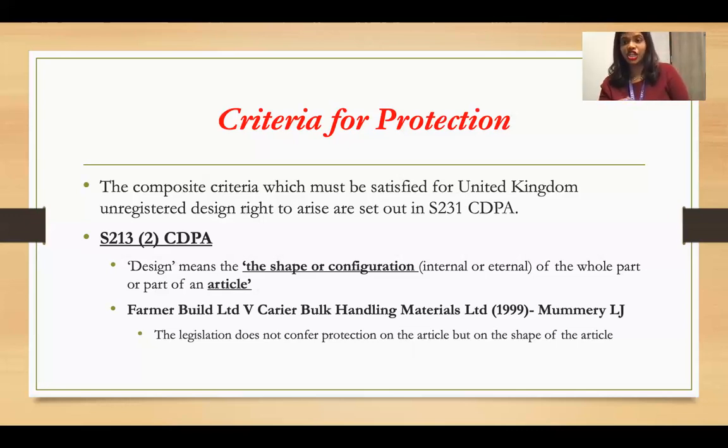If this is the shape of the article, where it has a straight line and then becomes narrower at the end, this is what we call the article. We don't have legislation telling us what an article is, but according to Farmer Bill's case, Mummery LJ defined the shape of an article as the shape of the article.